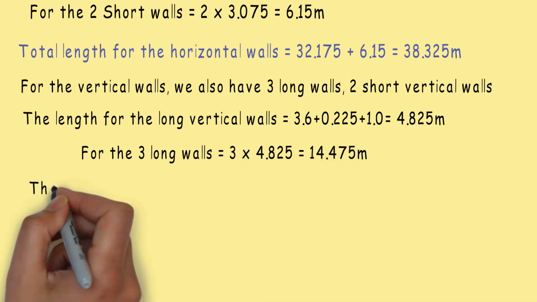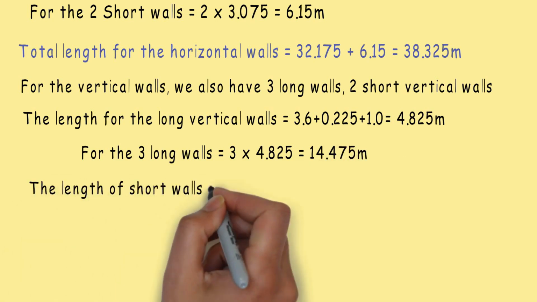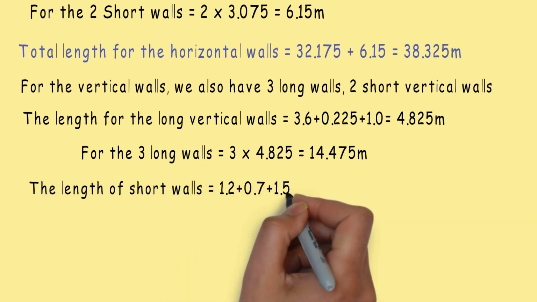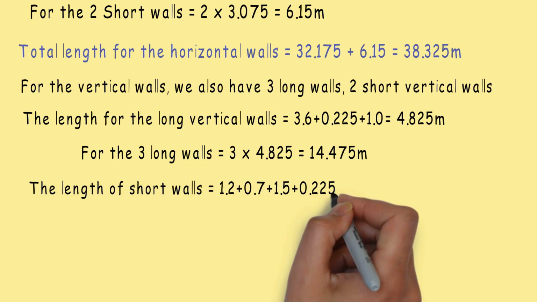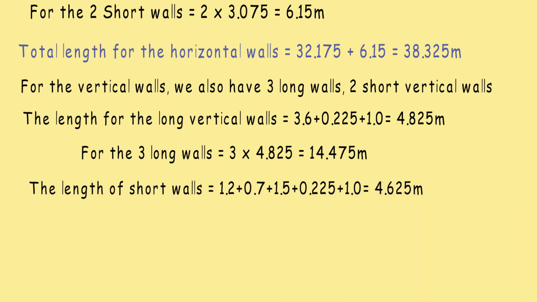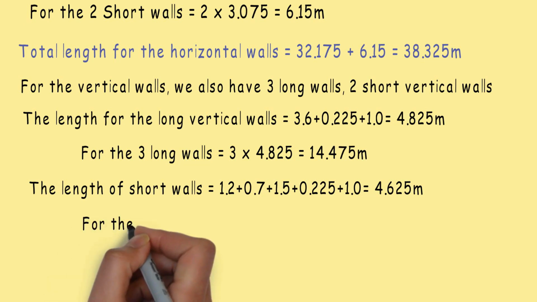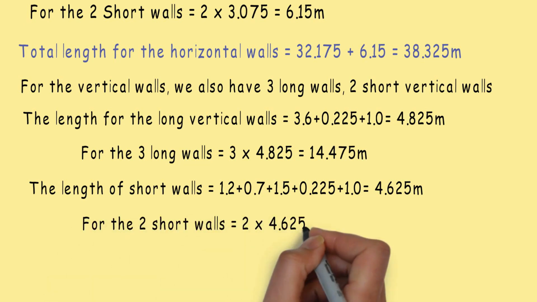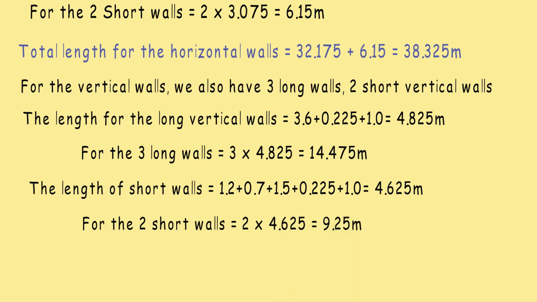The length of the short walls equals 1.2 plus 0.7 plus 1.5 plus 0.25 plus 1.0, which equals 4.625 meters. For the 2 short walls, we have 2 multiplied by 4.625 equals 9.25 meters.